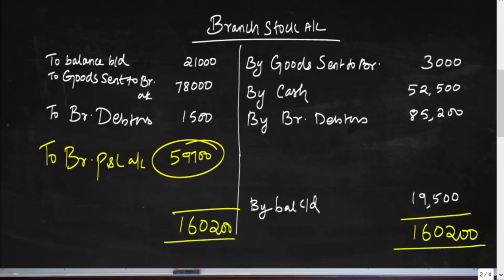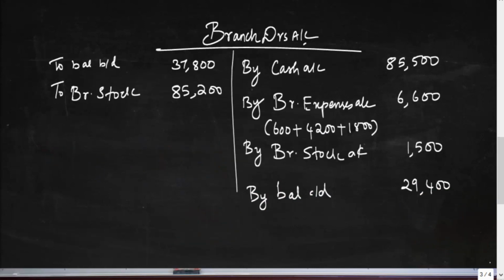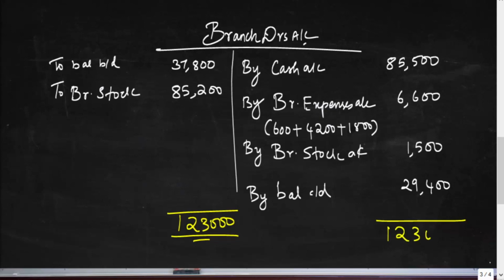We have closed branch stock account. Then we have branch debtors. Let's do the totaling. The debit side total works out to 1,23,000. On credit, it is 85,800, 6,600, 1,500, 29,400, and it also works out to 1,23,000.